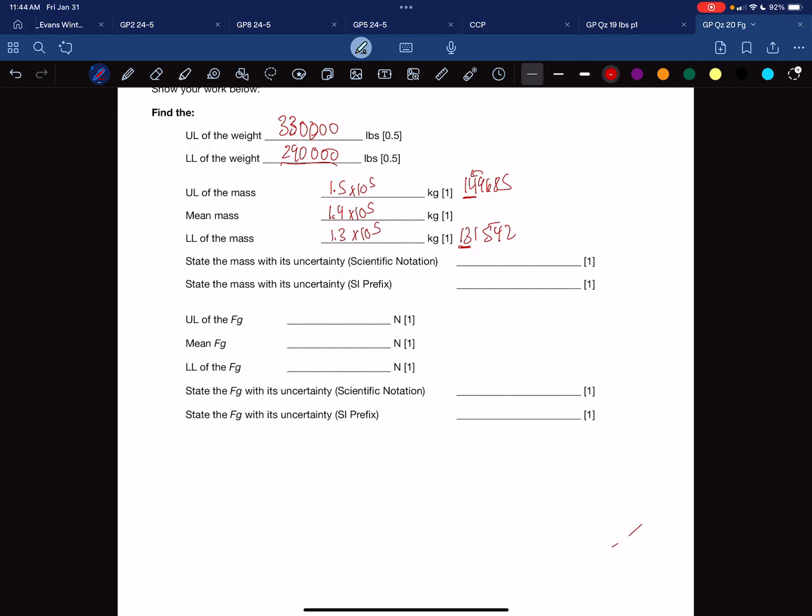So now the mass, if we look at these two here, we can see this is 0.1 and this is 0.1. So the mass with its uncertainty would be 1.4, we'd use the mean value, plus or minus 0.1, and that's going to be times 10 to the 5th kilograms.